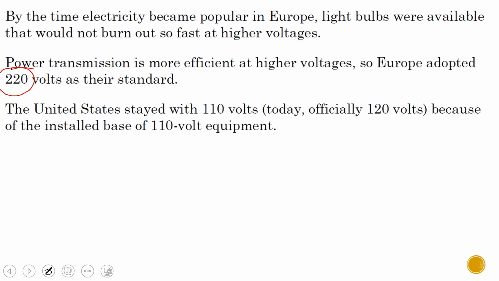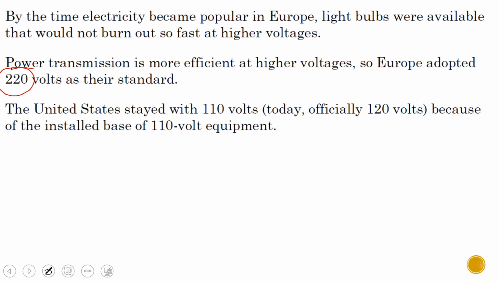Europe now made a new invention. They tried to fix this problem. They said, I will make a new voltage standard that doesn't burn the light bulb, which is 220.